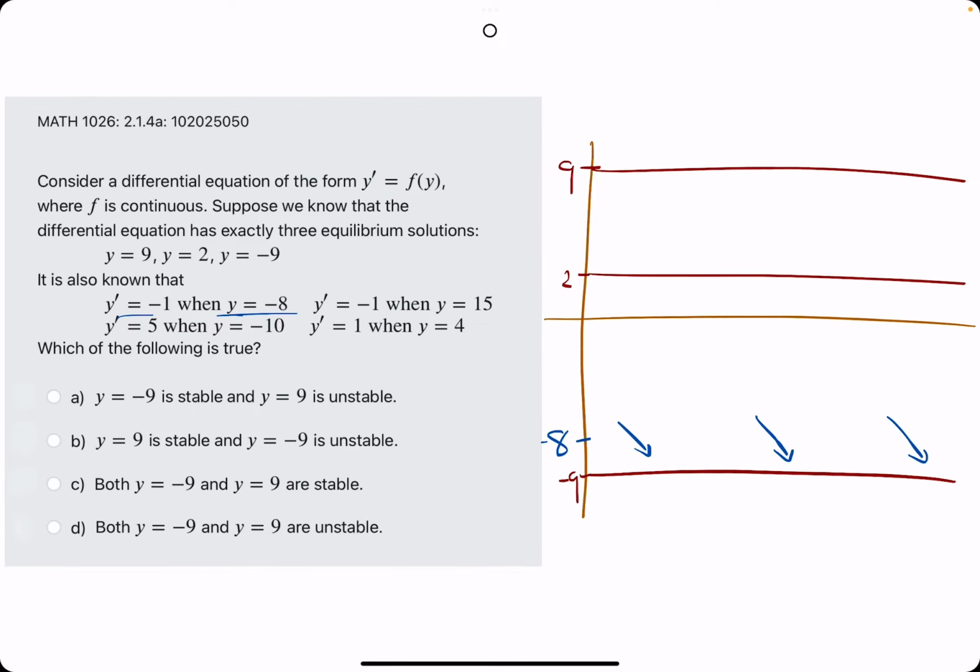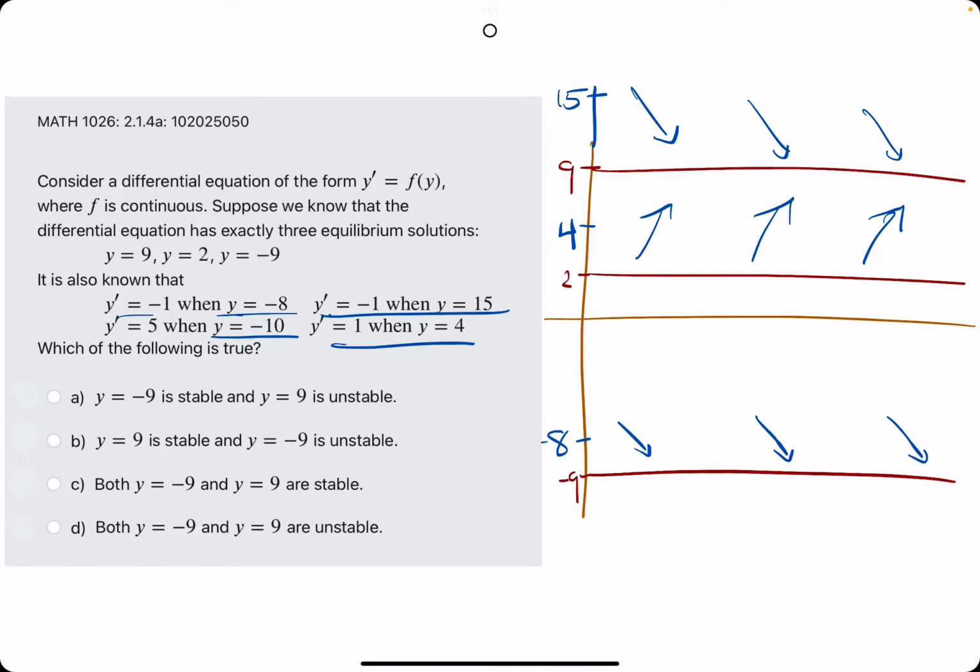Just do 3 lines is all we need. Really, 1 line is all we need. At y equals 15, I'll just put 15 there. We have -1. 3 lines, negative slope. At y equals 4, we have positive slopes. And at y equals -10, we have positive slopes.